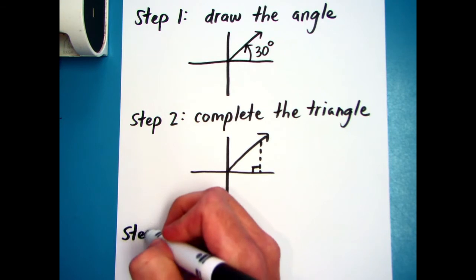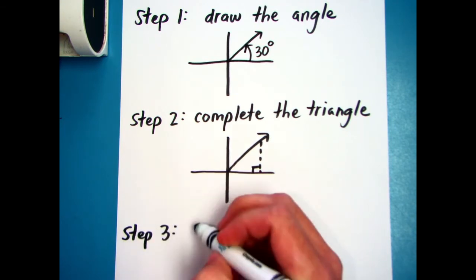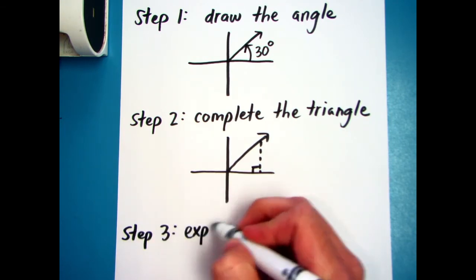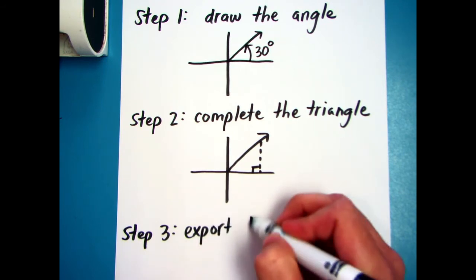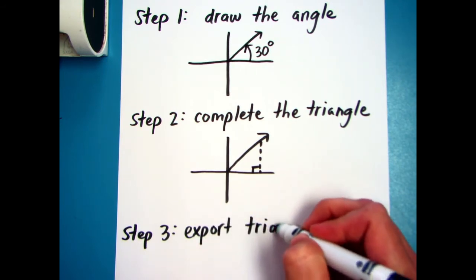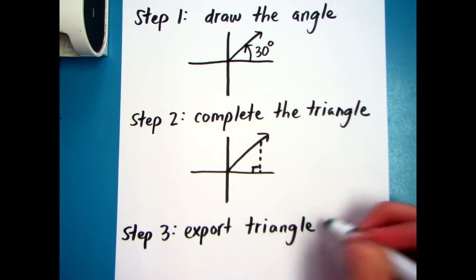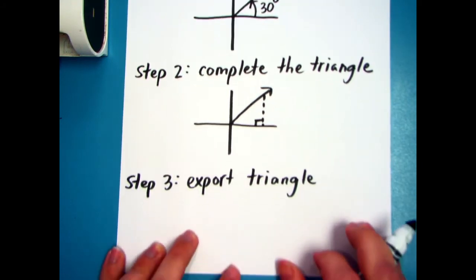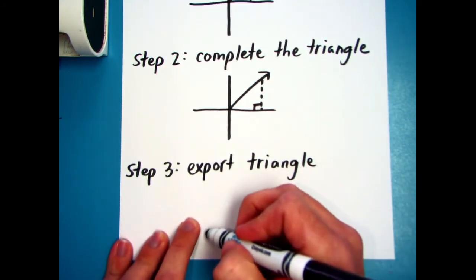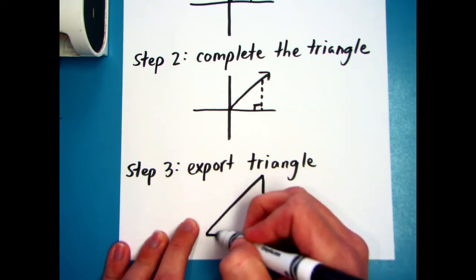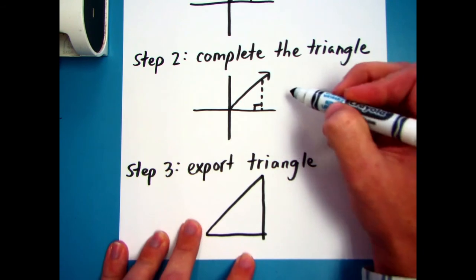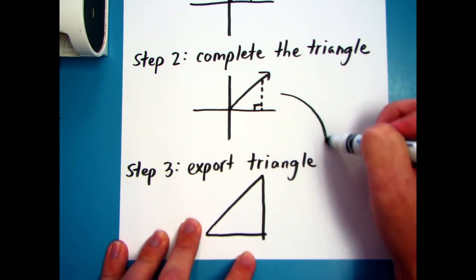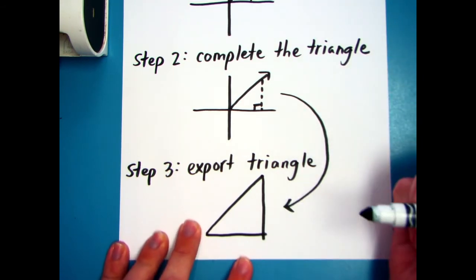Step 3, we're going to export the triangle, which basically means draw the triangle, and I want to draw it in the same orientation as my picture. So here I've drawn it, and you can see it's the same orientation as step 2.